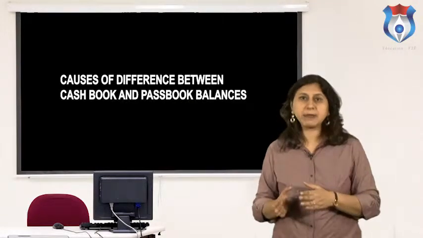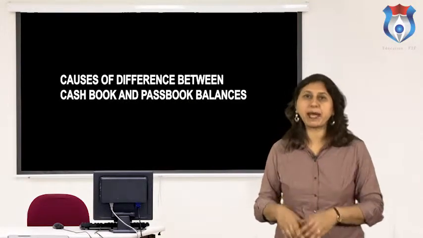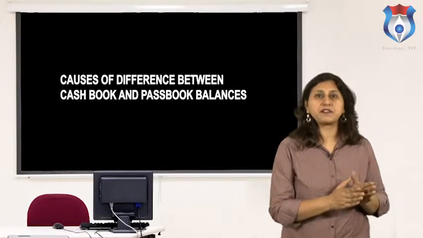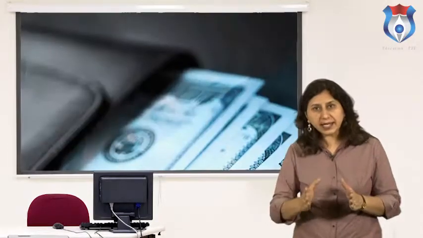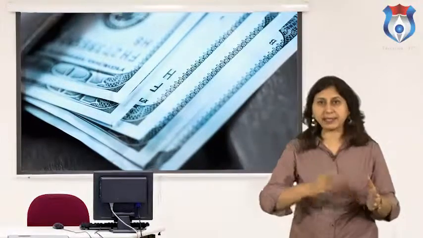Cause of difference between cash book and passbook balances. The causes of difference are ascertained when items in the bank statement and in the cash book are compared. The list of causes of difference in the balances by the cash book and the bank statement on any particular date.